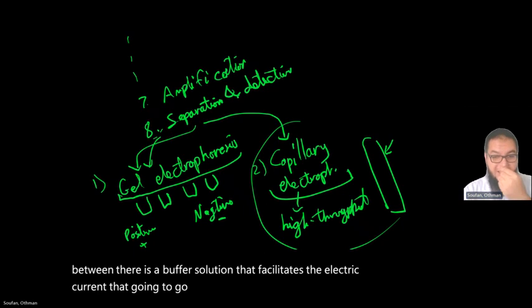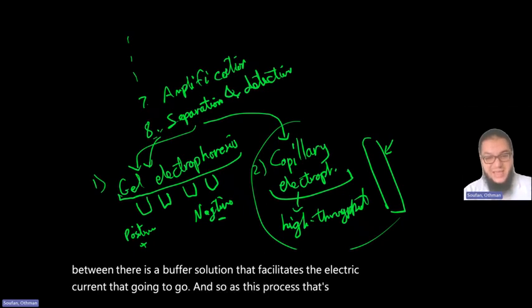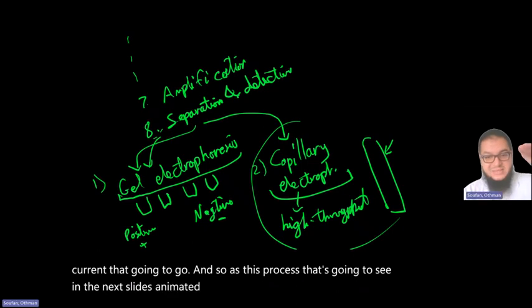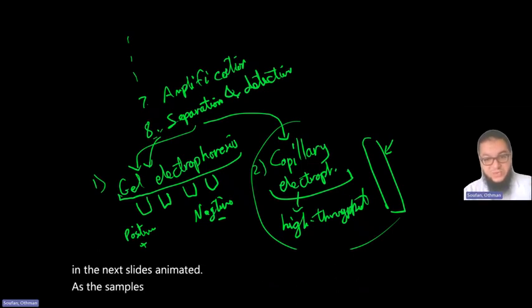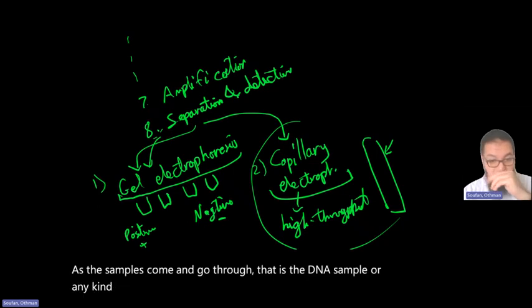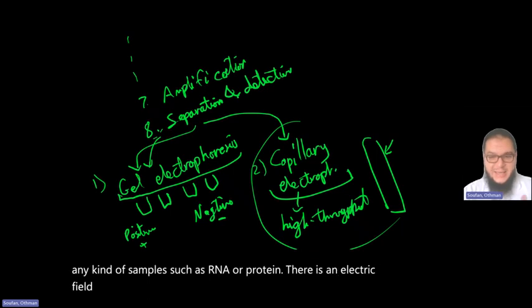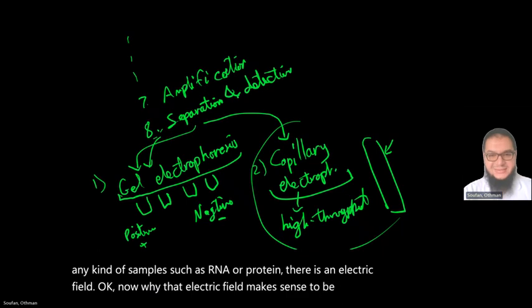And so, as this process that we're going to see in the next slides animated, as the samples come and go through, that is the DNA sample or any kind of sample such as RNA or protein, there is an electric field, okay? Now, why does that electric field make sense to be there?